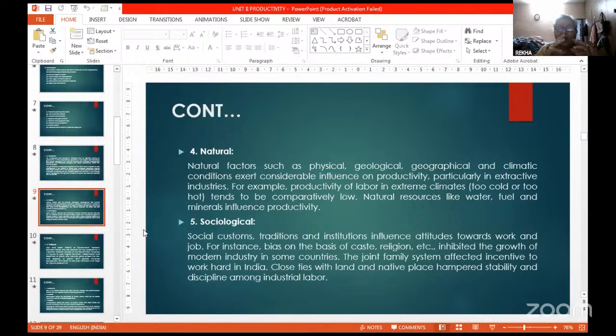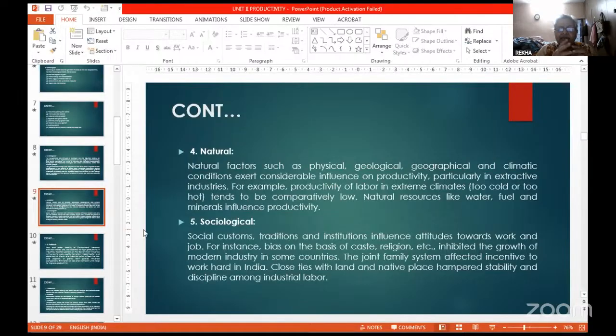So you have to artificially build the atmosphere inside the organization so that workers are comfortable working, whatever the weather outside, and they are willing to work comfortably in it.